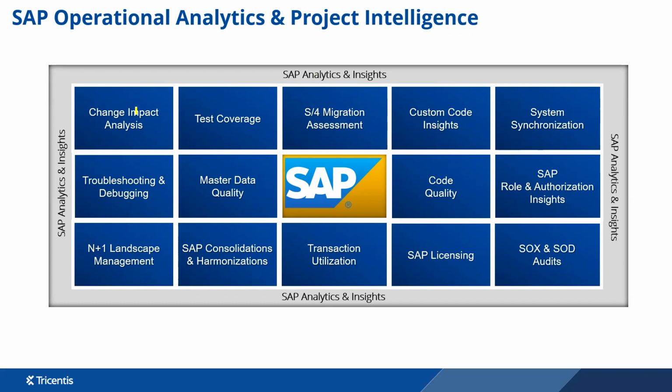Now, there's a lot of different functionality that we can talk about. Obviously the most popular thing is this change impact analysis. So anytime you make a change to your SAP environment, whether that's your daily and weekly transports or your major and minor change releases, or if they're big upgrades, right? Support packs or enhancement packs or S4 upgrades, Live Compare can analyze all of those kinds of changes and tell you exactly what in production is going to be impacted and tell you precisely what you would need to test.